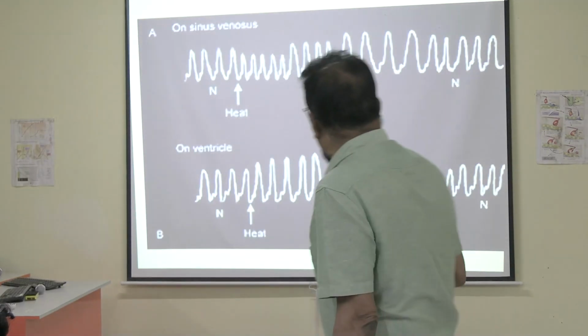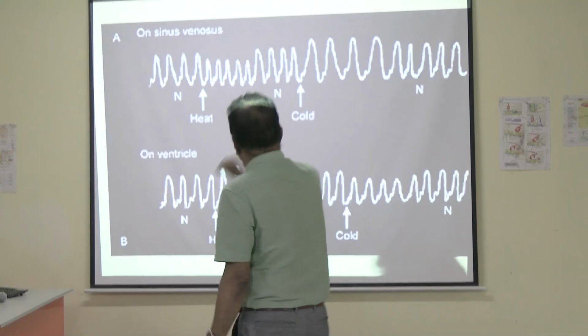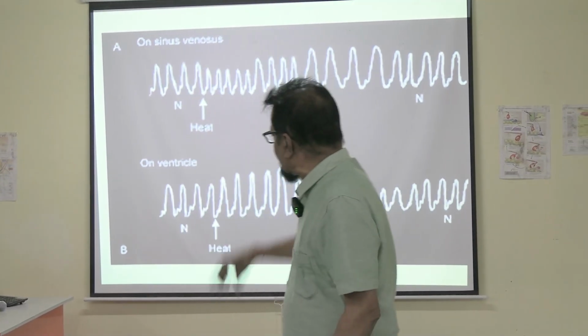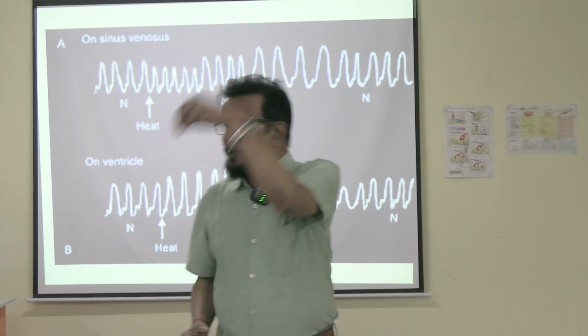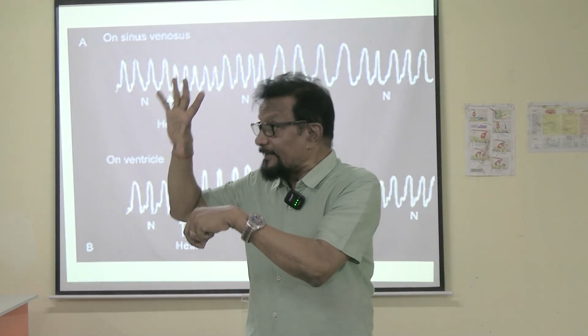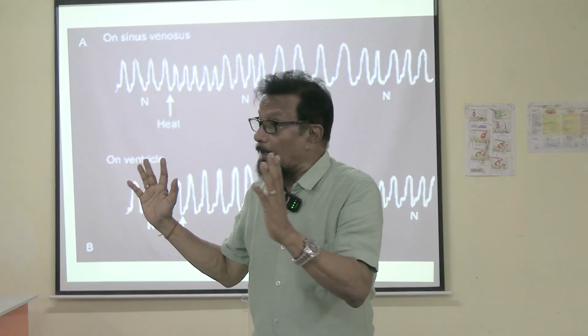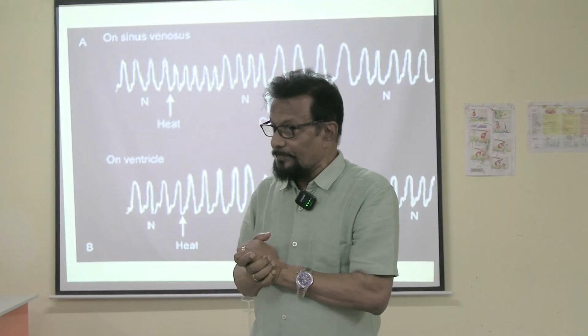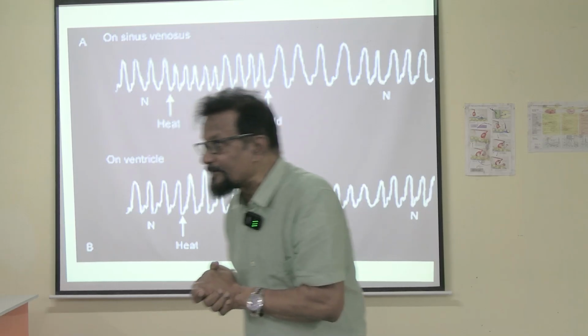Same. Then another thing is not shown here. That was not demonstrated. This is not an ideal one. Whenever you apply hot saline, height of contraction will be increased and at the same time, heartbeat also will be increased. Why will heartbeat be increased?